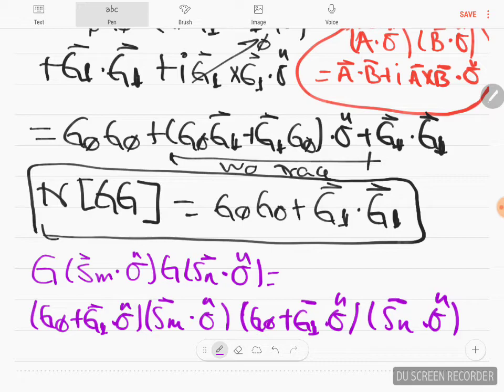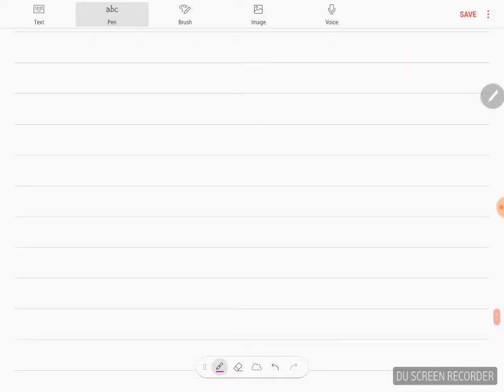So this sort of calculation, and then we need to come up with a result for this.